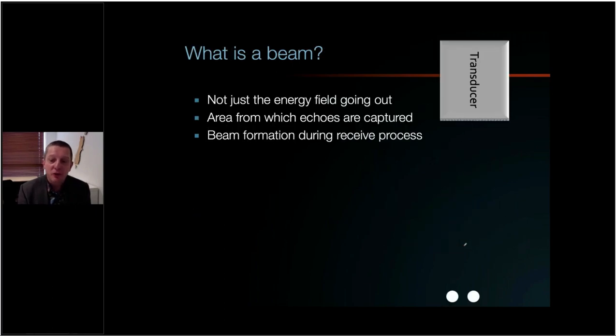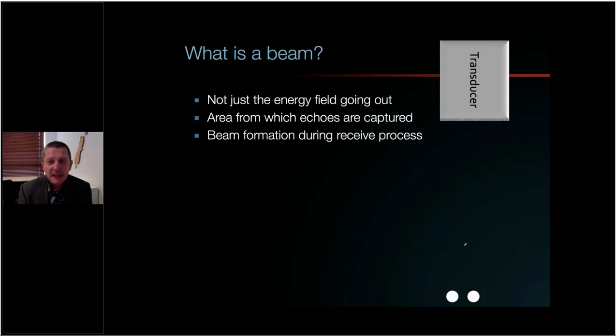Now finally, I just wanted to return back to discussing what an ultrasound beam is, because we often think about the beam as the field of energy that goes out into the patient. However, that's not how engineers think of an ultrasound beam. They think of an ultrasound beam as not only the transmit but also the receive and any additional processing made on the returning echoes to try to reduce beam dimensions.